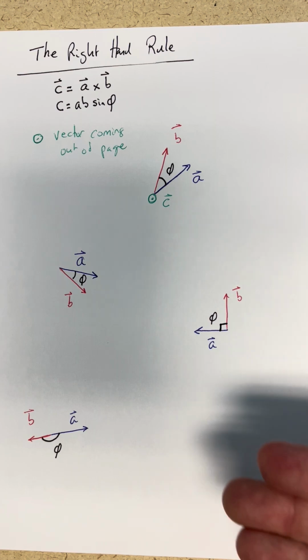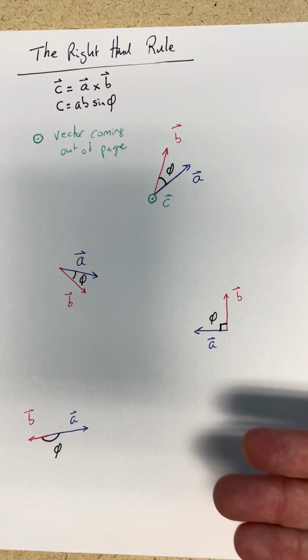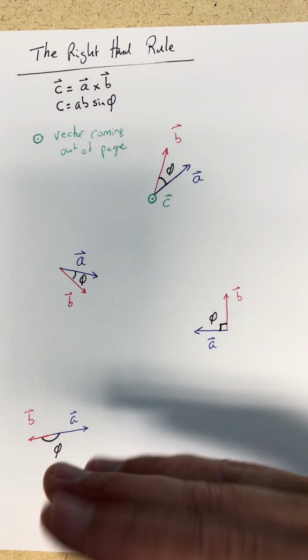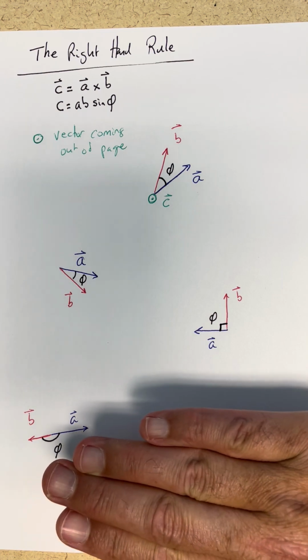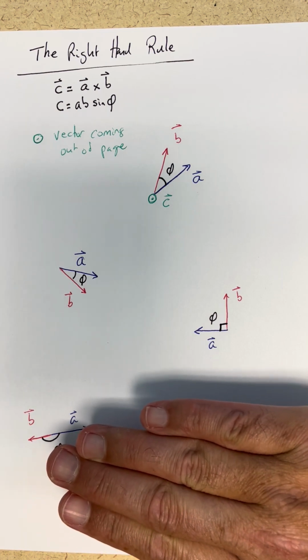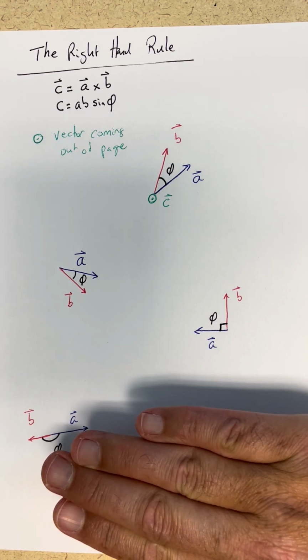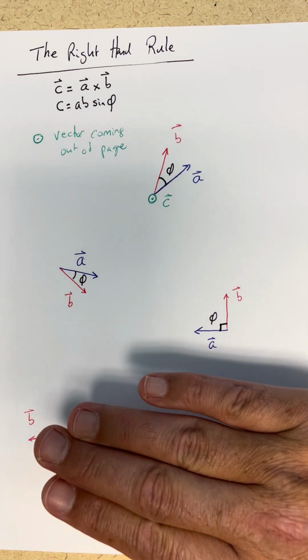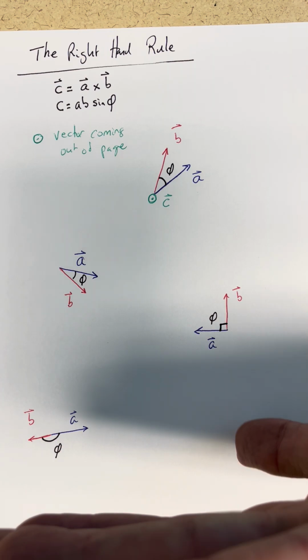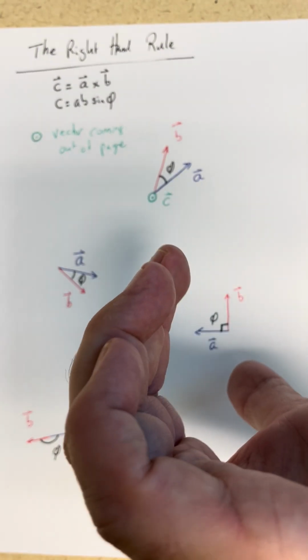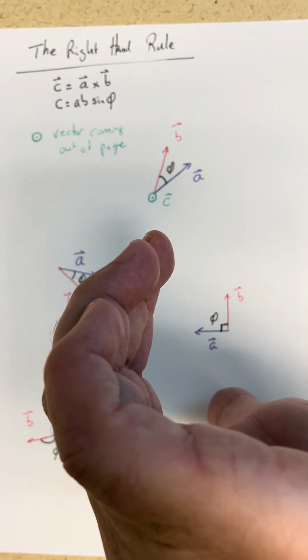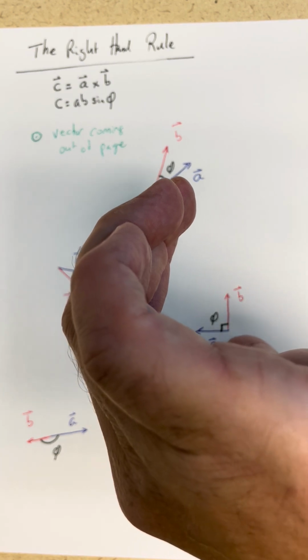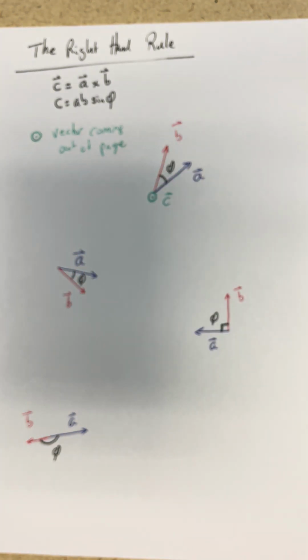For this one, the fingers of my right hand, I want them parallel to the direction of the vector A, and I need to curl my fingers so that they can be parallel to the vector B, which means I have to flip my hand upside down. So now my fingers can curl over to be parallel to B, and there's my thumb going into the plane of the page.